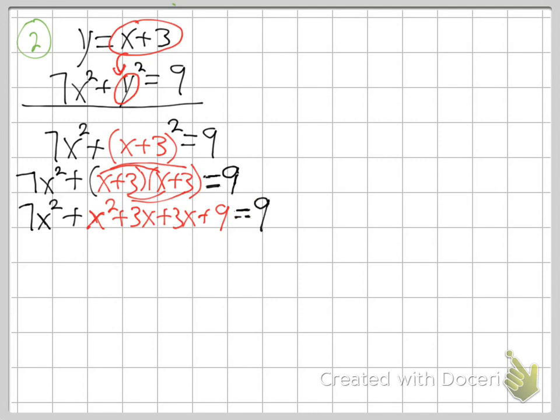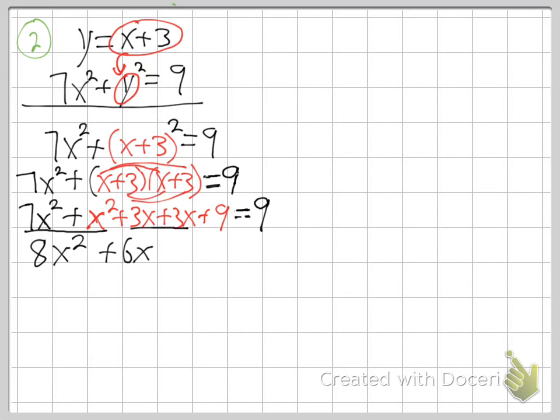All right, and so we get to there. So now, did you gather like terms from there? Mm-hmm. So gather in the like terms. 7x squared and x squared, 8x squared. 3x and 3x, 6x. And with these 9s, remember what we're always supposed to do. What's the game plan? Get a 0, huh? So whenever we have x squared or y squared, we want to get a 0.